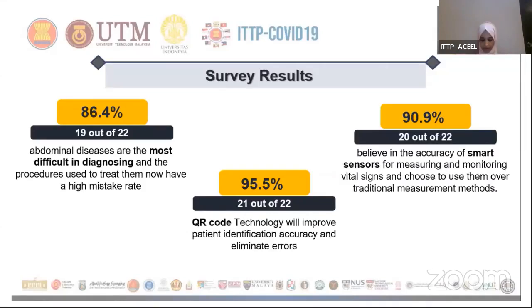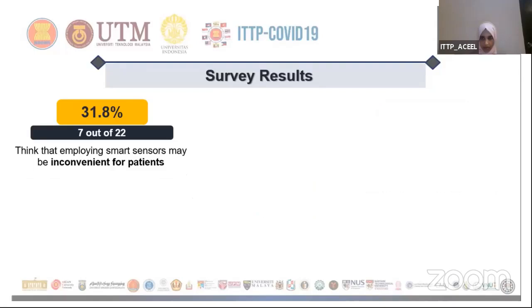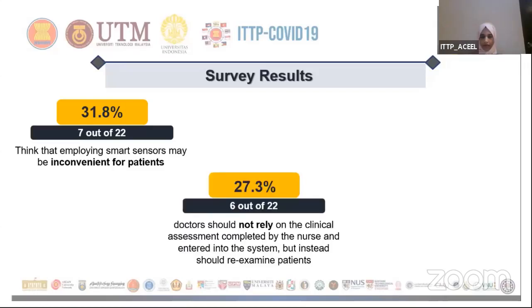And 20 out of 22 believe in the accuracy of smart sensors for measuring vital signs, but 7 of them think that employing these technologies may be inconvenient for patients. Also, 6 of them do not want to rely on the clinical assessment completed by the nurse, but rather believe that doctors should re-examine patients.